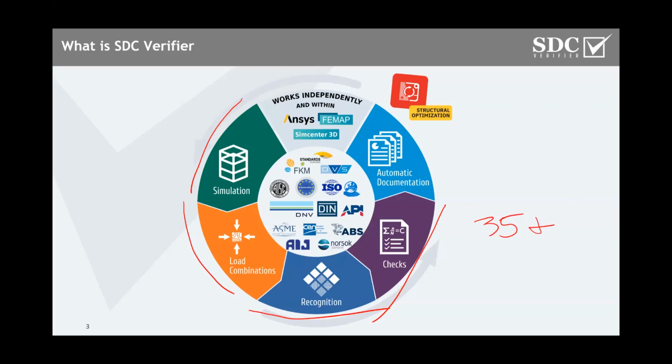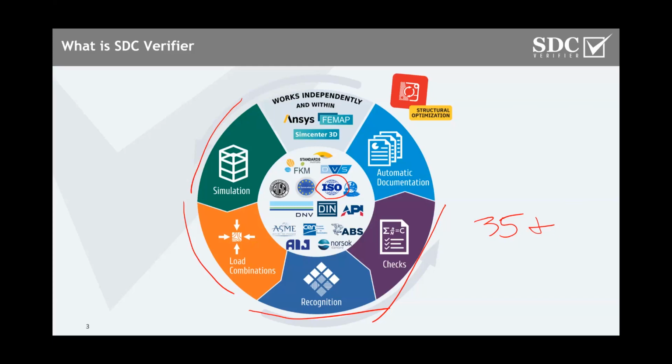Recently, we have added beam member check according to ISO. We have added a new version of the standard of 2020. We are now working on implementing VDI bolt checks. We are now working on AISC 360 of version 2022, if I'm correct. So multiple codes are in progress.